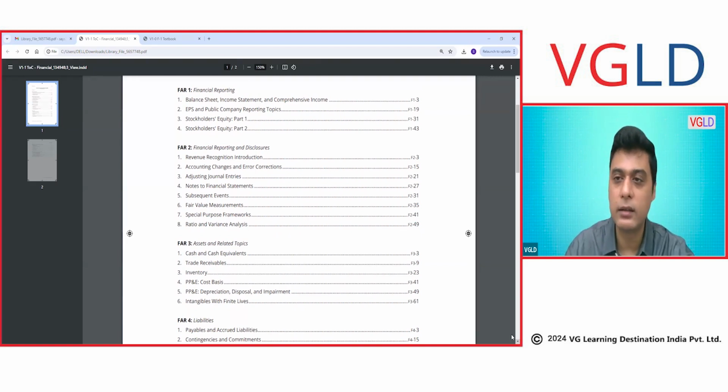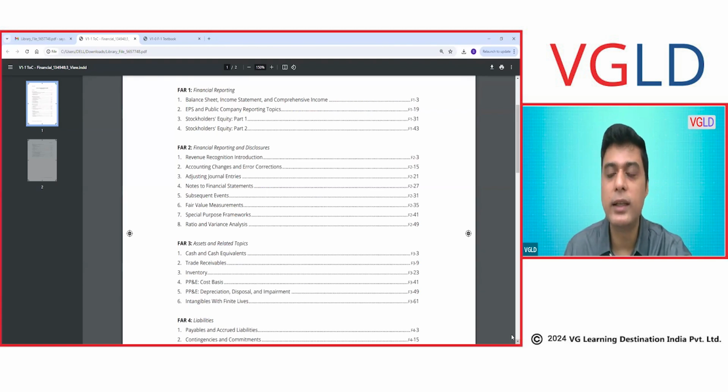Earlier, they had taken those topics out of FAR, and now they have brought them back. We'll cover those as well. There are multiple small topics, and they are tricky, especially the forward, the call, and the put. Those are considered to be tricky by many students.